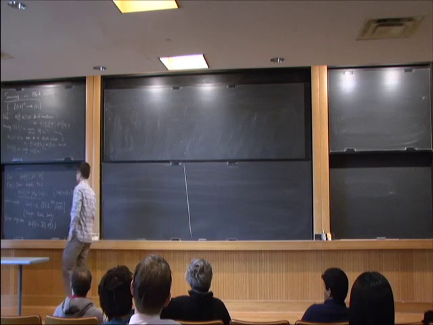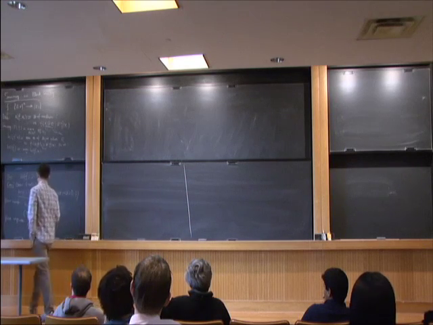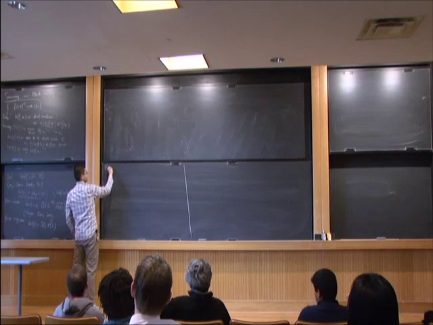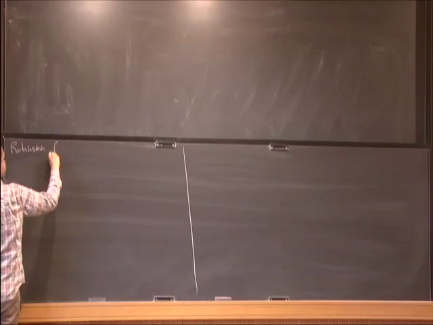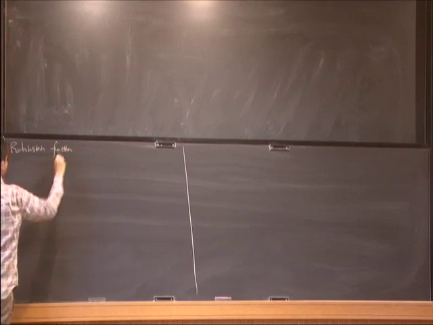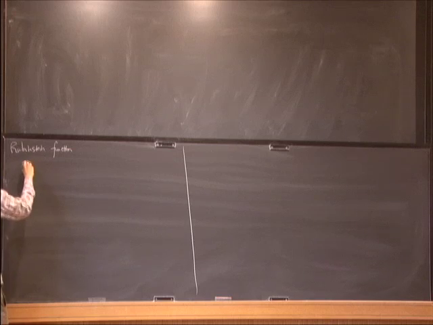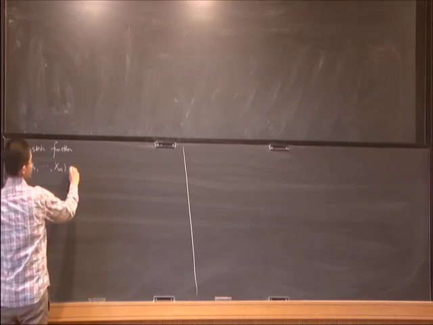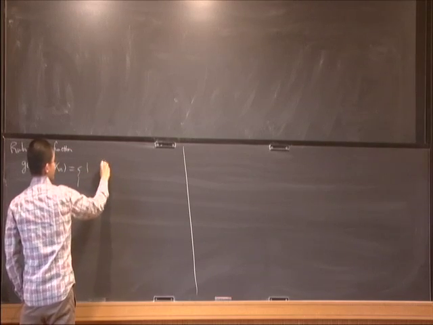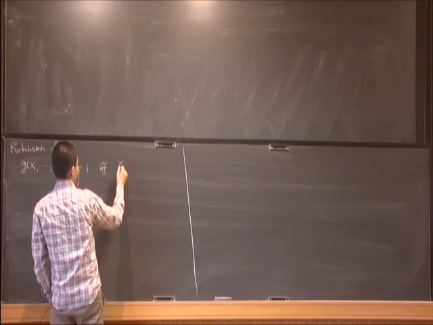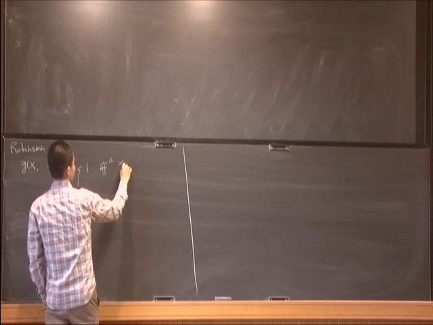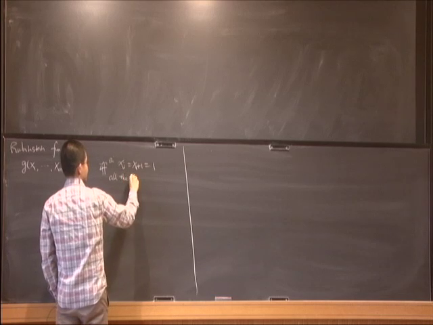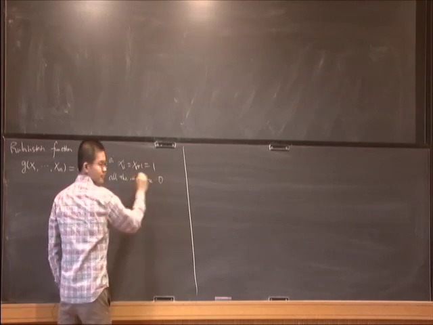So first, I will show an example that gives this quadratic bound. It's called the Rubinstein function. So I take a function g on n variables, s1 to sn, and this is equal to 1 if and only if there exists i such that si is equal to si plus 1 equals 1, and all the rest are equal to 0.